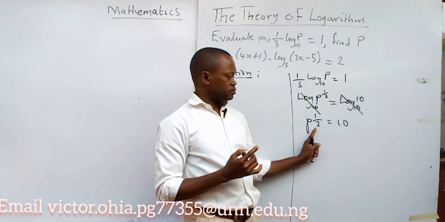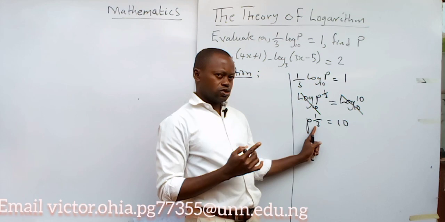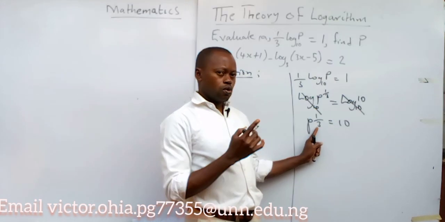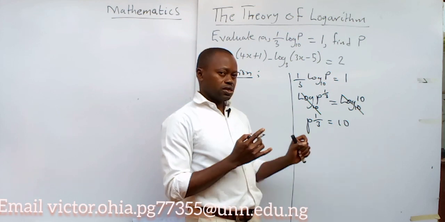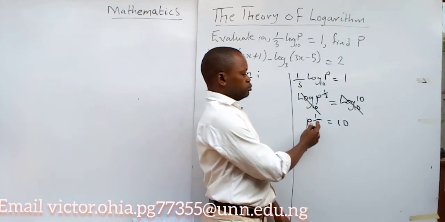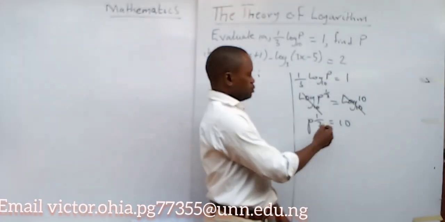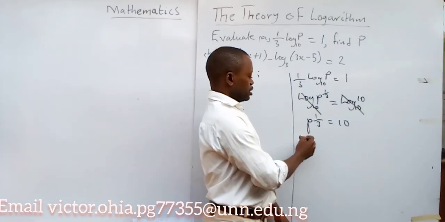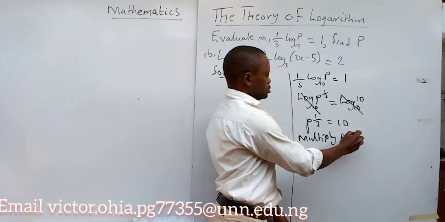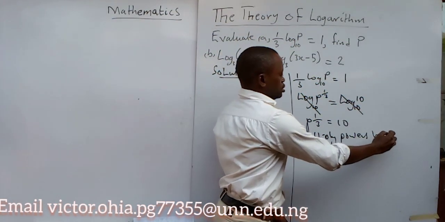And by so doing, p is now standing separate. All right, I multiply the powers of both sides. Multiply powers by 3.